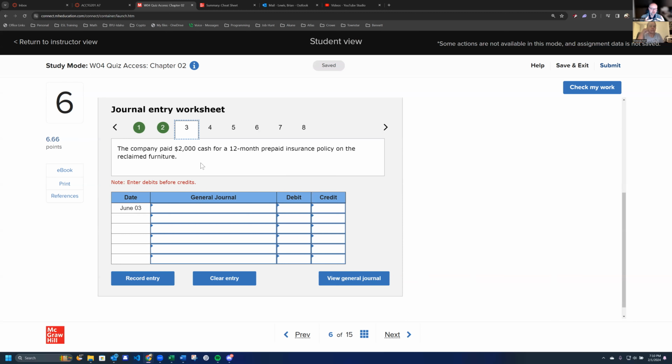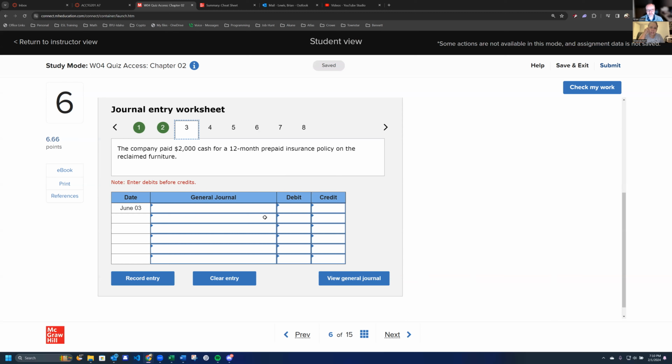So it's something that you own. If you were to cancel, then you get the money back, right? But for every month that you use it, you effectively have less prepaid insurance. So if prepaid insurance is an asset, what do you think the journal entry looks like?